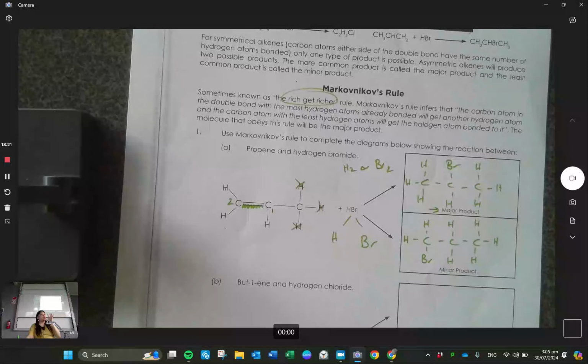What happens if both my carbons have the same number of hydrogens? That's a 50-50 mixture. So I'll make that as a note. If both carbons have the same number of hydrogens, it's a 50-50. You still get 2 products, they're just in a 50-50 percentage.